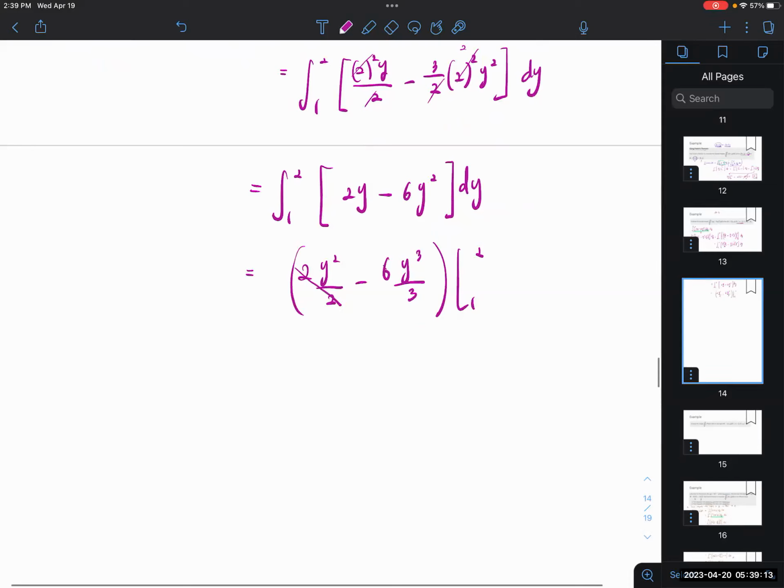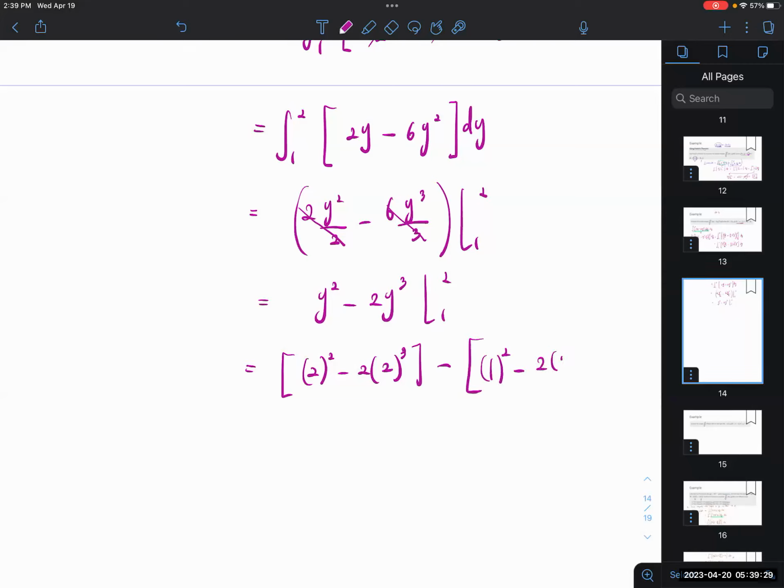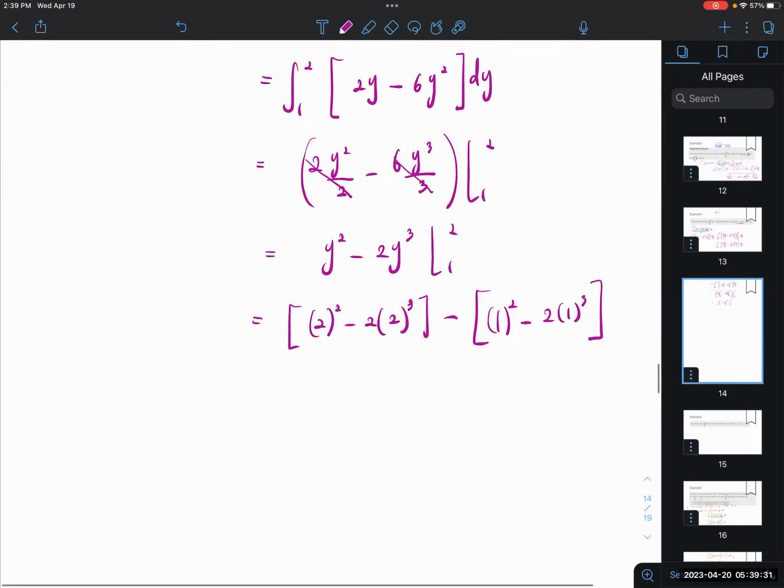So simplify: y squared minus 2y cubed from 1 to 2. So you're going to plug in 2 squared minus 2 times 2 cubed, minus 1 squared minus 2 times 1 cubed. So this is capital F of 2 minus capital F of 1. So anyway, 4 minus, what happened?